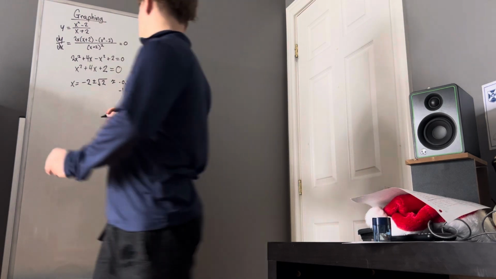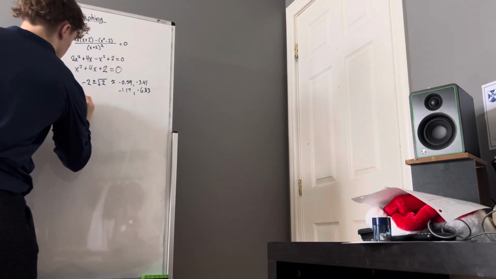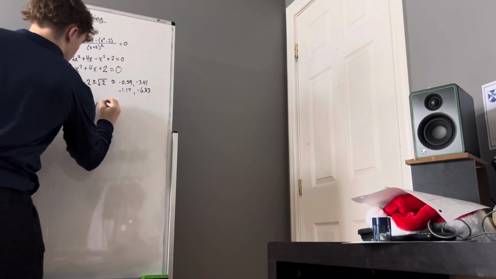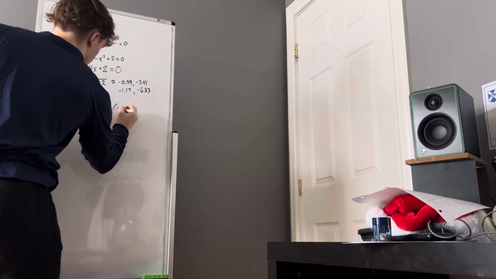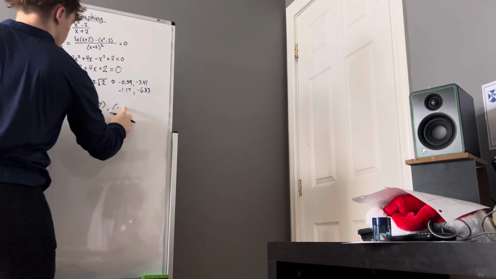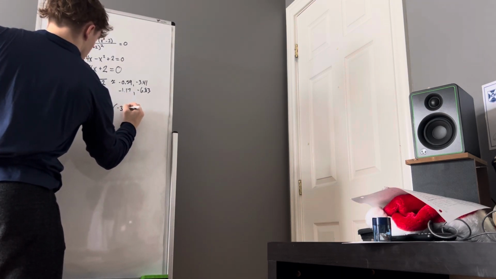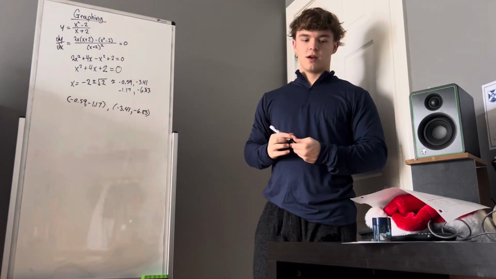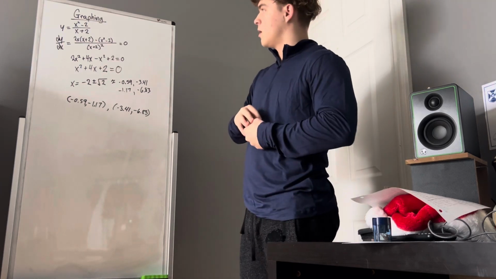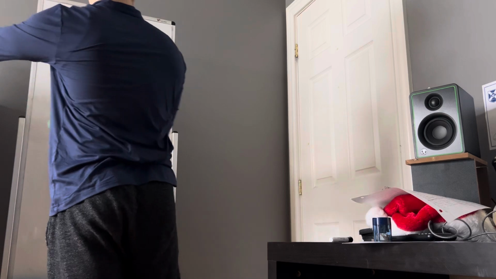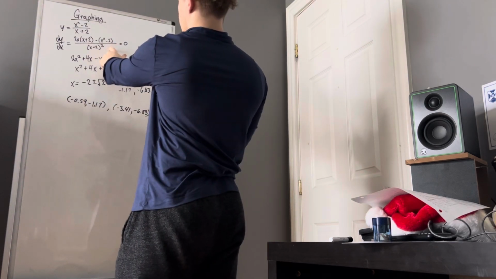So that gives us the points on the graph: -0.59, -1.17, and -3.41, -6.83. So that's our critical points right there. Let's just erase some of this, except for the derivative here.